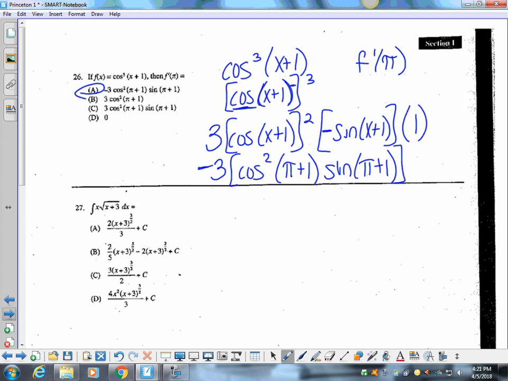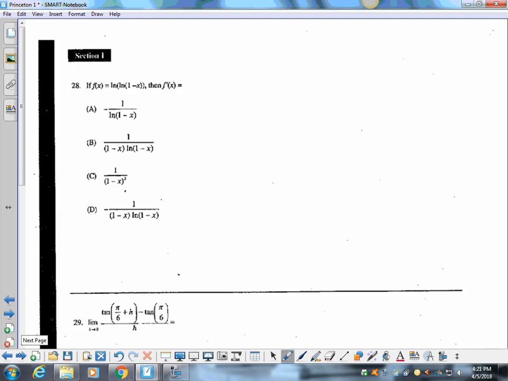26, and then, okay, 28. And 28 is definitely a turducken, and it's a turducken with ln's. So I just want to make sure we're okay with this. So this is ln of 1 minus x. Okay, so the chain rule says, well, for logs, if I start out here with my turkey, that is the derivative of the inside over the inside.